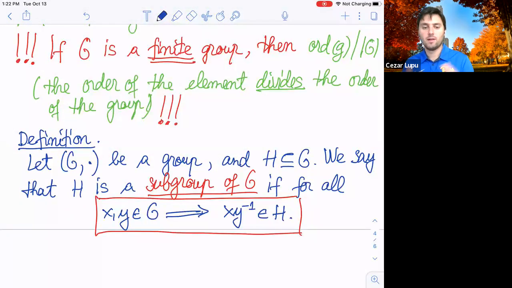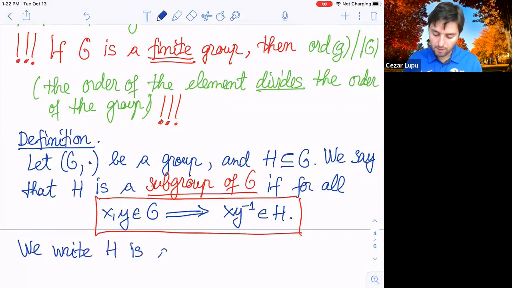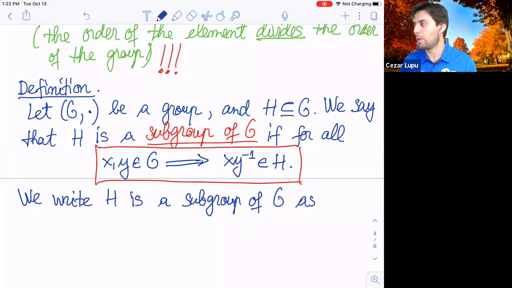So in other words, you can write this in two ways if you want. You can say that for all x, y in G, then x y is in H, and then for any x in G, then x inverse is in H. And the way we're going to write this, so we write H is a subgroup of G in the following way: H less or equal than G. That's how we write it, right?